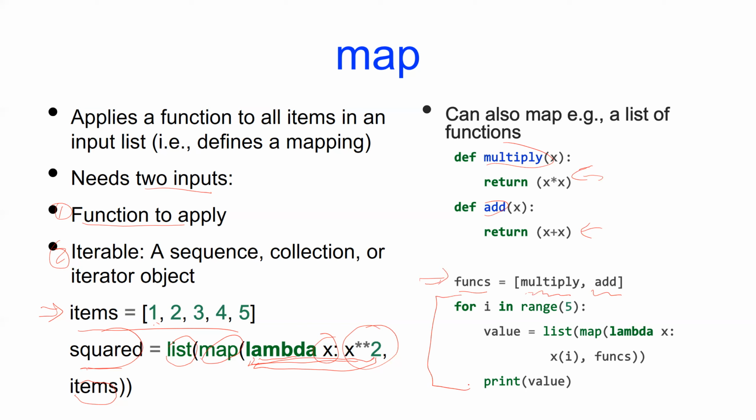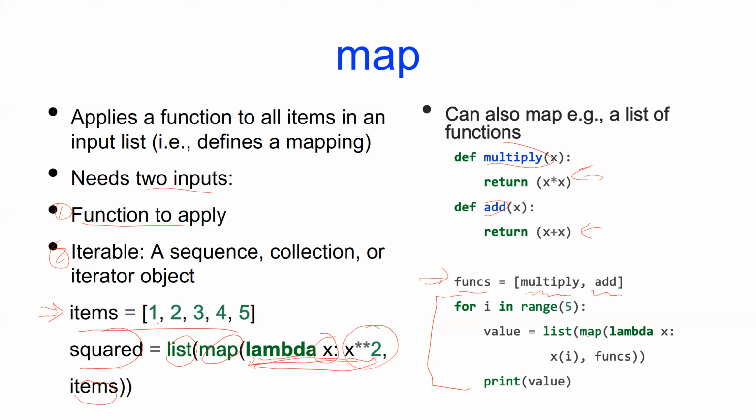So for 0 to 4, it's applying x of i, so the function of i to that number. It's going to do whatever multiply does to i, and then do whatever add does to i, and then put those values. Yes, absolutely. For 0, it'll be 0, then 0. For 1, it'll be 1 and 2. Yes, perfect. So I hope everybody sees this.